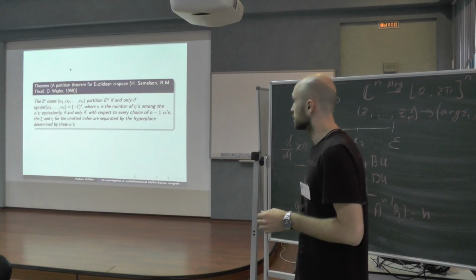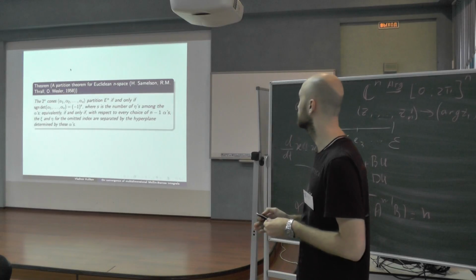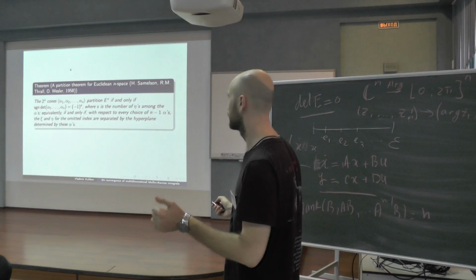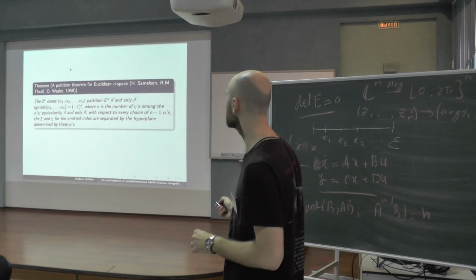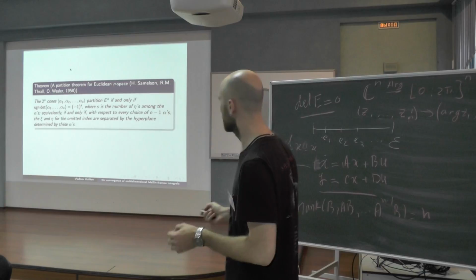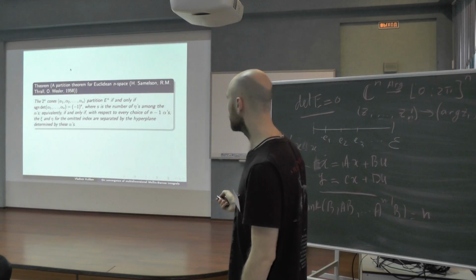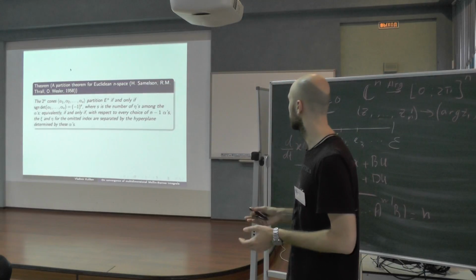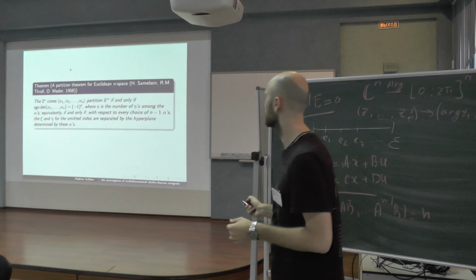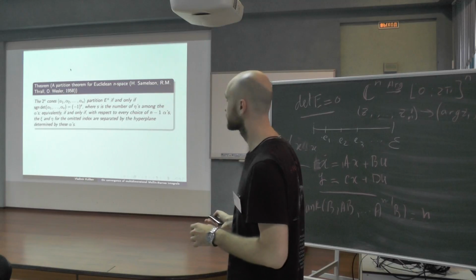The 2 to the power n cones spanned by alphas partition En if and only if the sign of the determinant of alpha 1, ..., alpha n is equal to minus 1 to the power s, where s is the number of etas among the alphas. Equivalently, if and only if with respect to every choice of n-1 alphas, the psi and eta for the omitted index are separated by the hyperplane determined by these alphas.